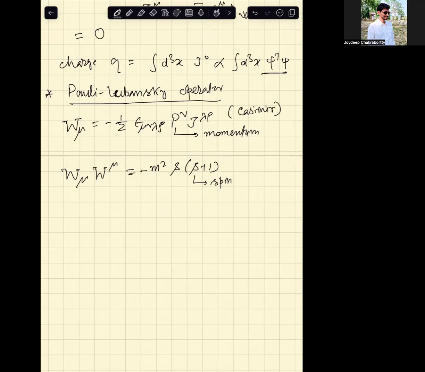That's how the spin information is hidden in this operator through the Lorentz symmetry. When talking about the Lorentz group representations, we'll revisit this. What is J lambda rho? It is the generator. J lambda rho are the Lorentz group generators.